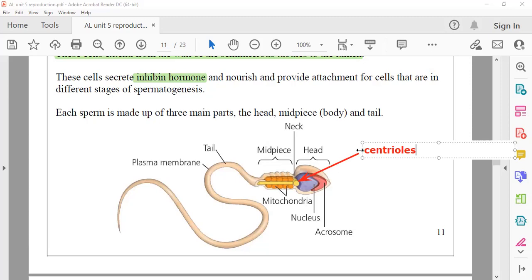In the acrosome also there are hydrolytic enzymes, as in the lysosome. The difference is that the hydrolytic enzymes in the acrosome are very special. Understood?